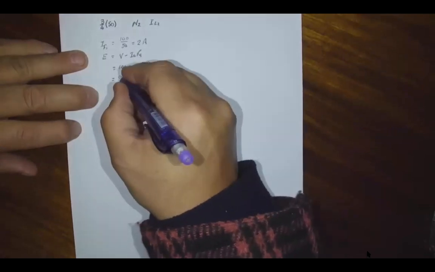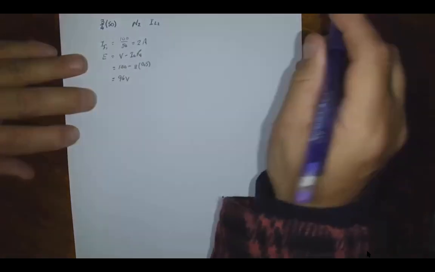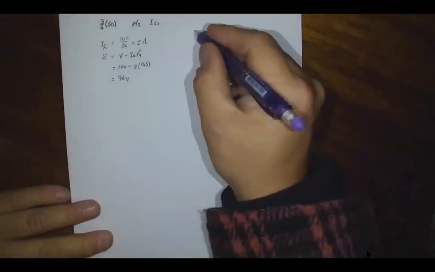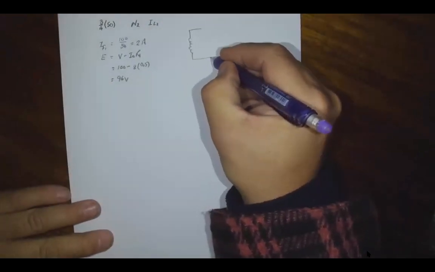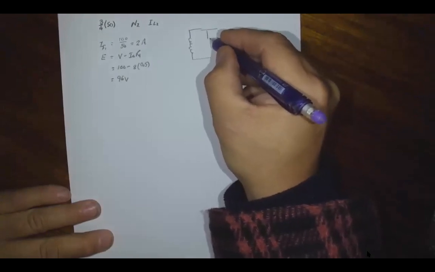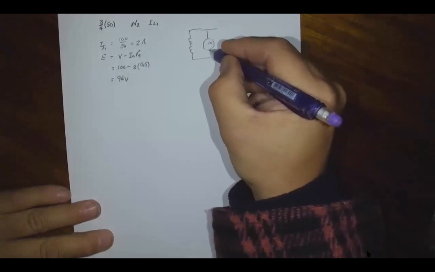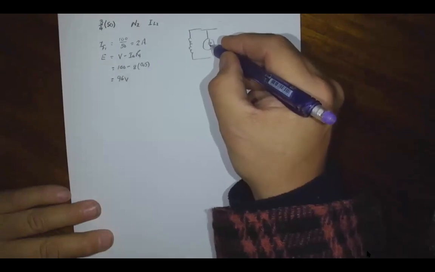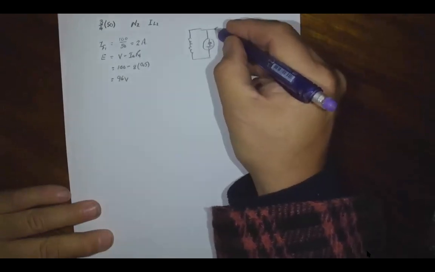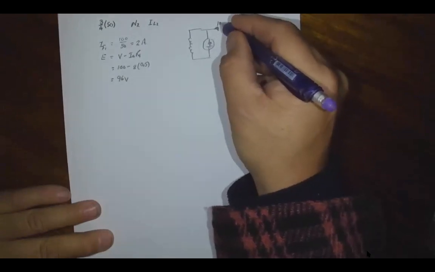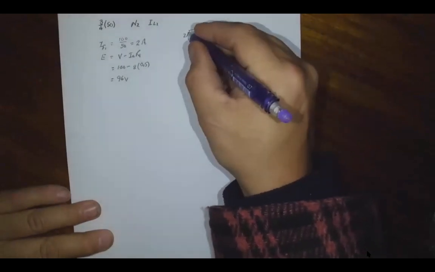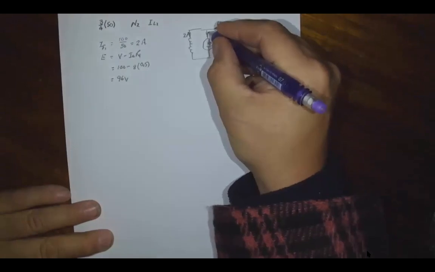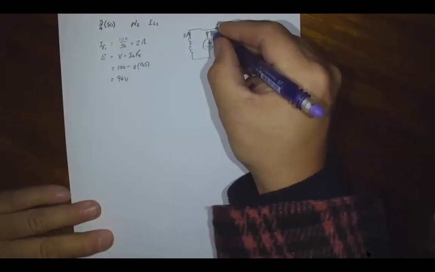That means it's 96 volts. Because if you look at the drawing, we are coming in with 10 amp, and that is 2 amp. So therefore, the armature current is 8 amps.